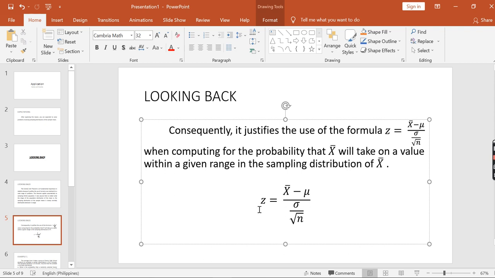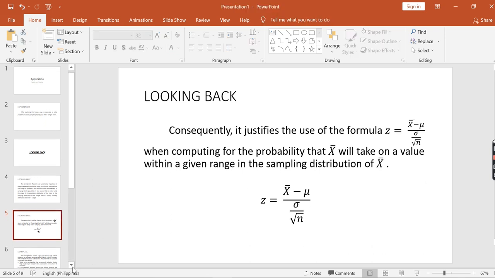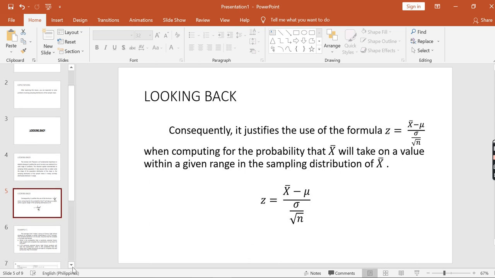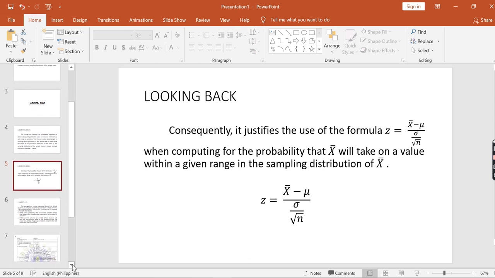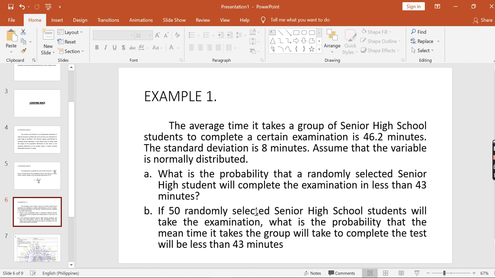So z refers to the score in the standard normal distribution. I hope you can still remember how to use the z, specifically the tables and the formula in converting an x value to a z value. So let's proceed with the first example.